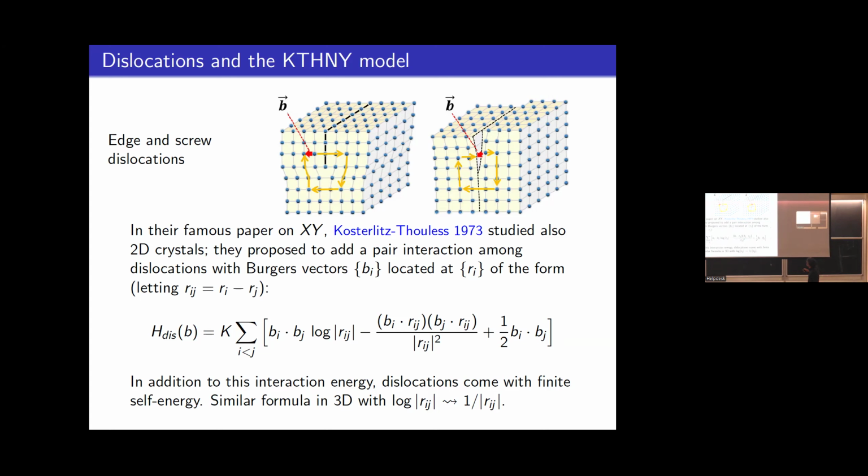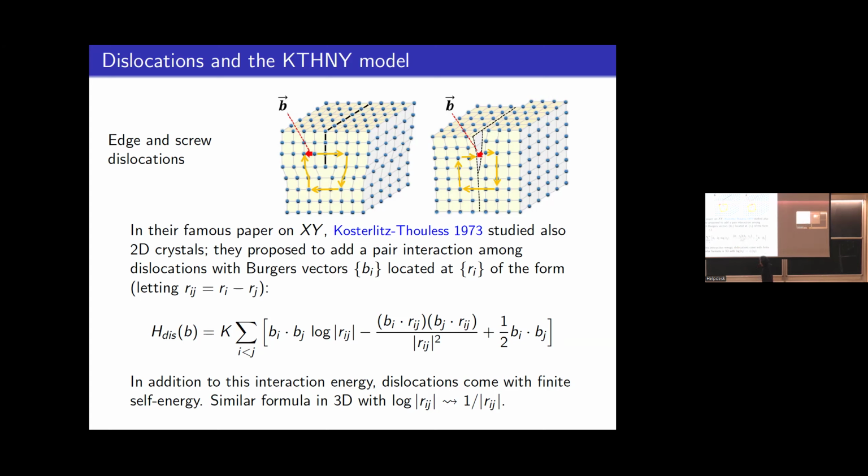You move 3 steps to the right, 3 steps down, 3 steps to the left, 3 steps up. In a situation in which you have no dislocation, no defects, you should come back to the same site. If you are not coming back to the same site, then there is something wrong that is encircled by the path. So this is a way to find out that there is this line defect passing through the edge of the half plane, just moving in circuits involving only the good sites.